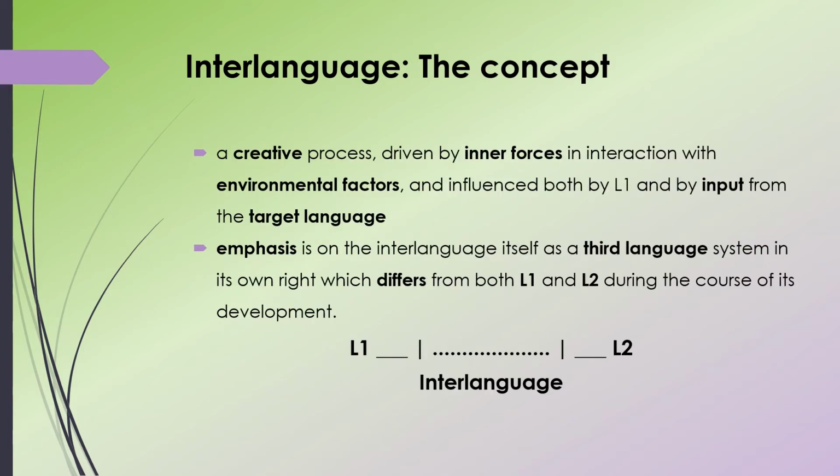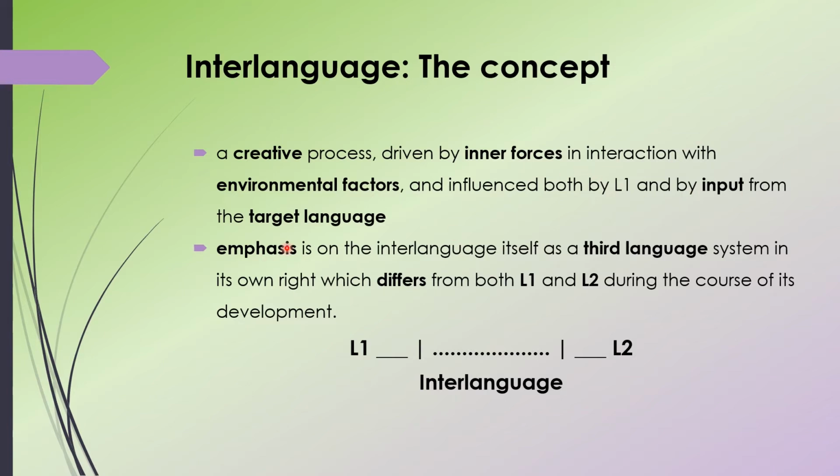So we can say that interlanguage is a creative process driven by inner forces in interaction with environmental factors and influenced by both L1 and by input from the target language. So it will be developing, considering the interaction and the other environmental factors, and there will be influence from L1 and input from the target language.